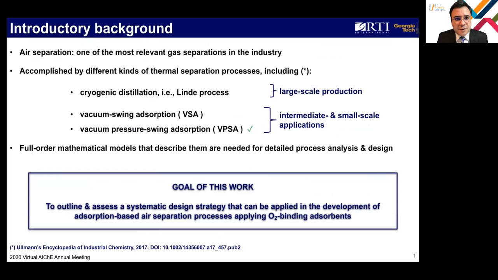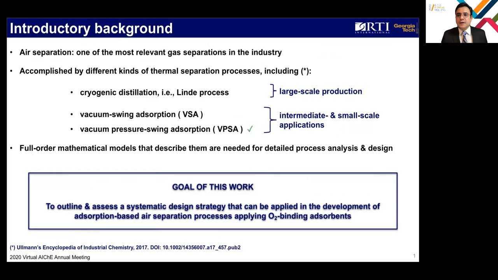First of all, let me introduce some background information on air separation. As most of you know, this is one of the most important gas separations in the industry nowadays. And this is accomplished by different kinds of thermal separation processes, depending on the production scale at which either oxygen or nitrogen is required for the processes.